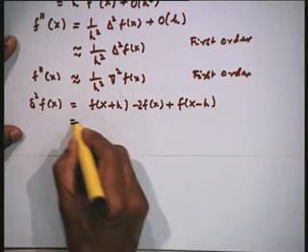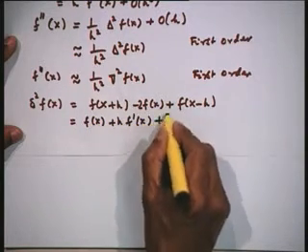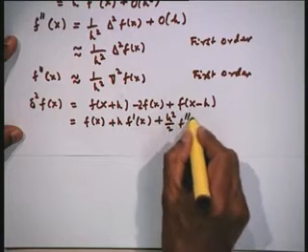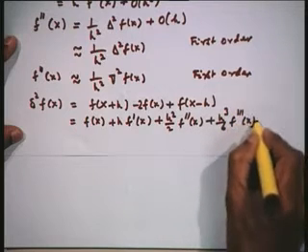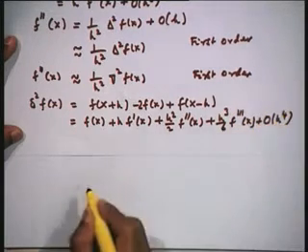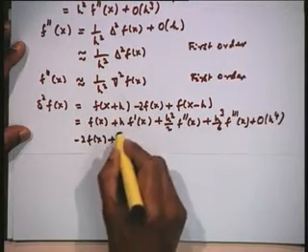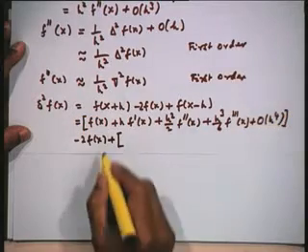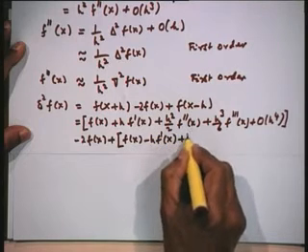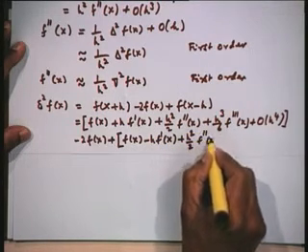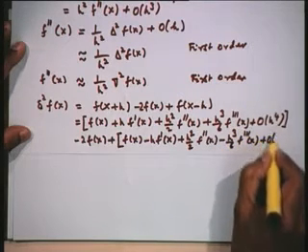Now, I would like to open this up also by Taylor series. So, we will have f x plus h f dash of x, h square by 2 f double dash of x plus h cubed by 6 f triple dash of x plus order of h 4, minus 2 times f x, that term, plus the third term is f of x minus h f dash of x, h squared by 2 f double dash of x minus h cubed by 6 f triple dash of x plus order of h to the power of 4.